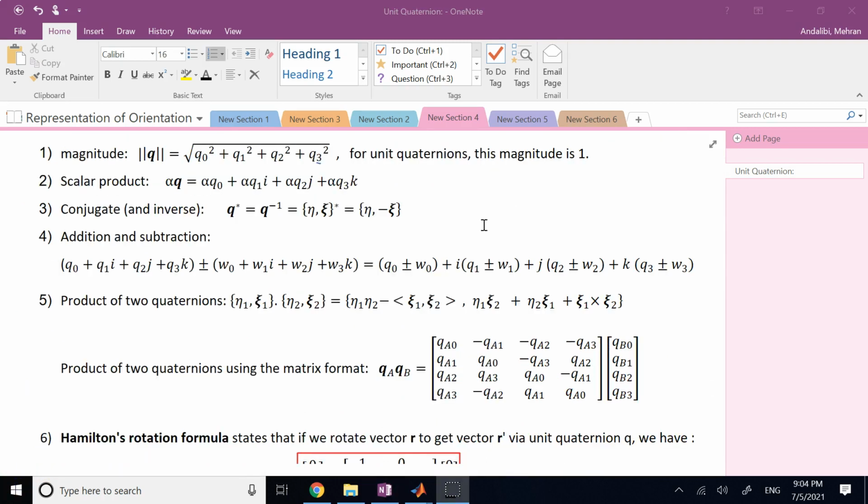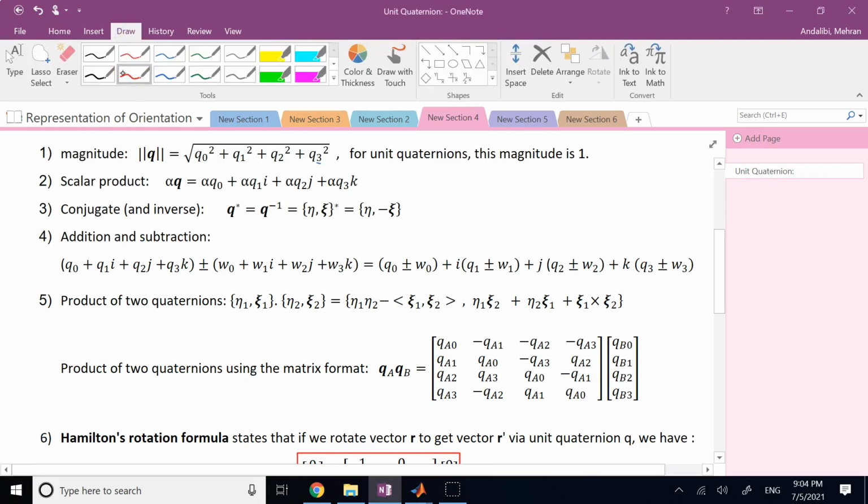Okay, so here it says that the product of two quaternions is, if one of them has a real part of eta 1 and imaginary vector of zeta 1, the same thing for eta 2 and zeta 2. When you do it, basically, you'll end up with another quaternion where the real part of the product quaternion is what?